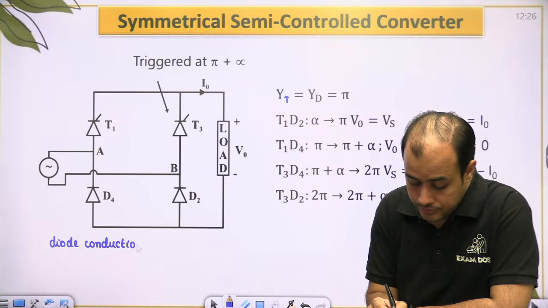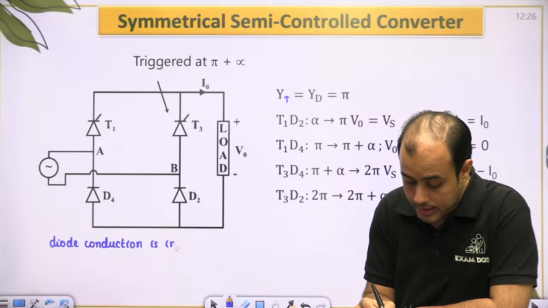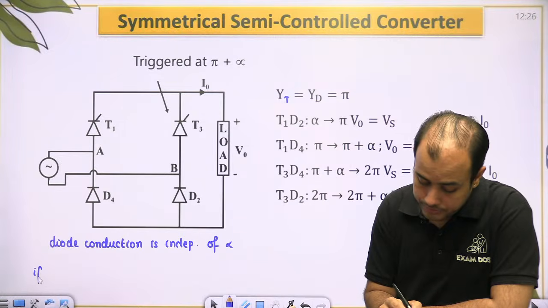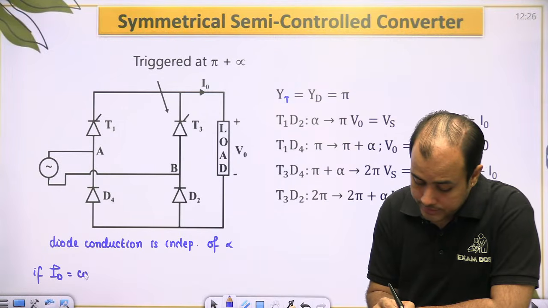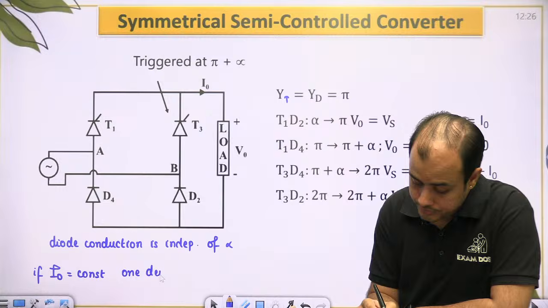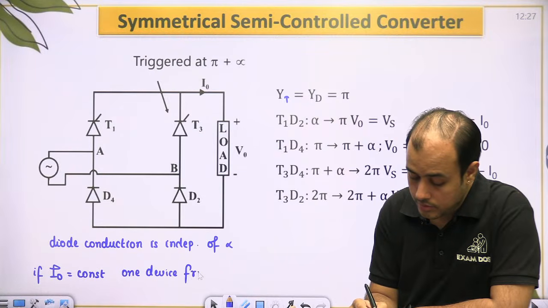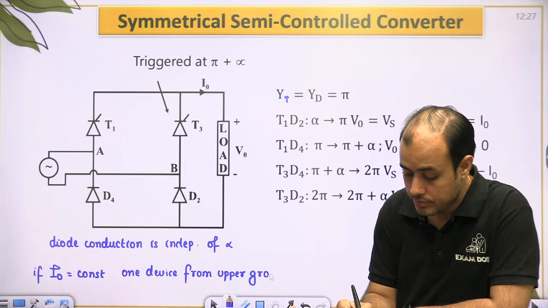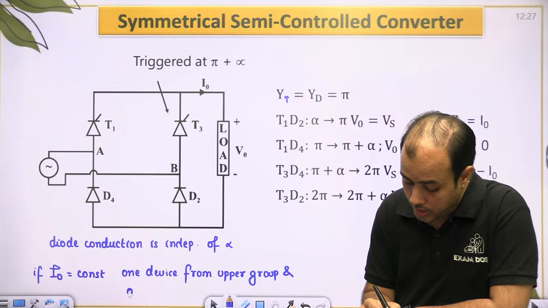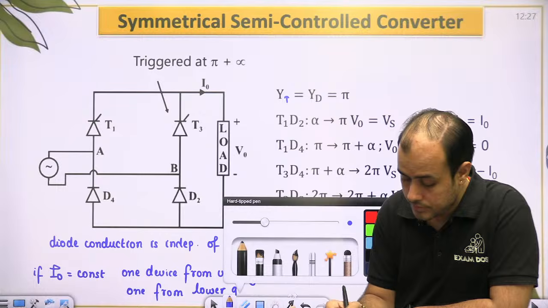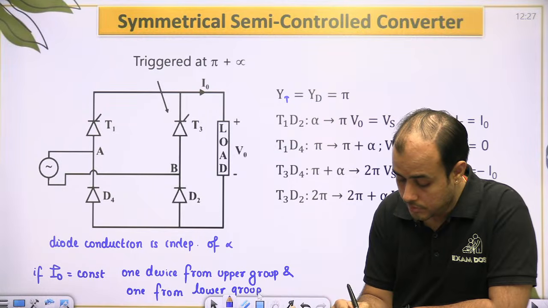is independent of alpha. First thing, if I naught is constant, one device from upper group and one from lower group must be on.